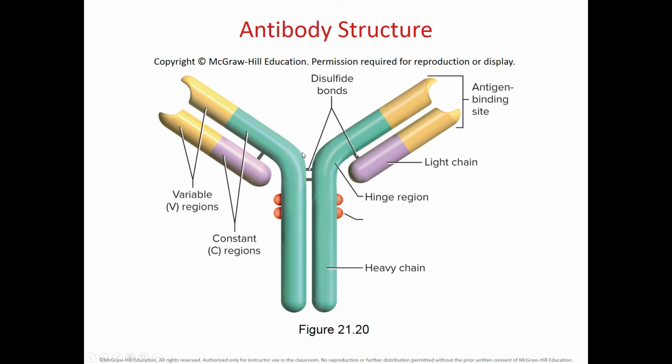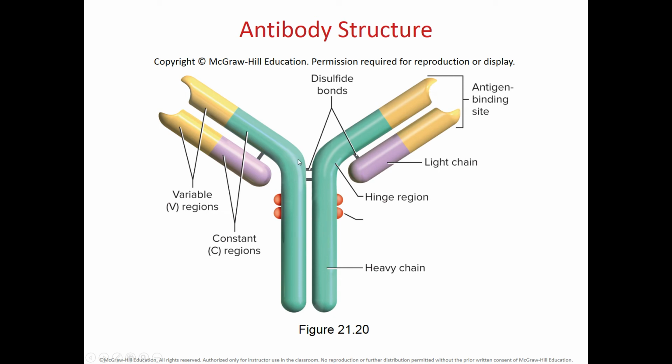It looks like a letter Y. So this is the heavy chain here in green. Here we have the light chains, these two, with these variable regions and this antigen binding site. So this is the place where the epitopes of the antigens bind the specific region.